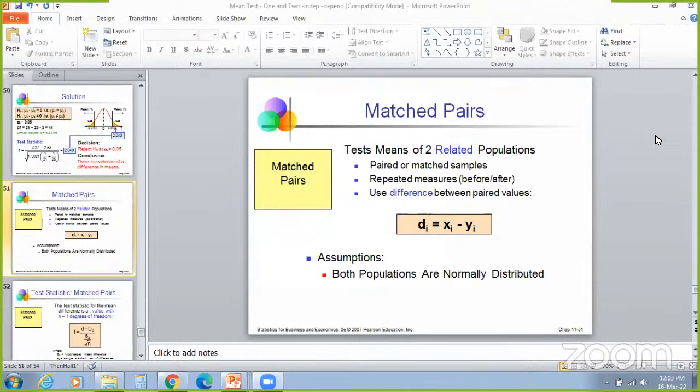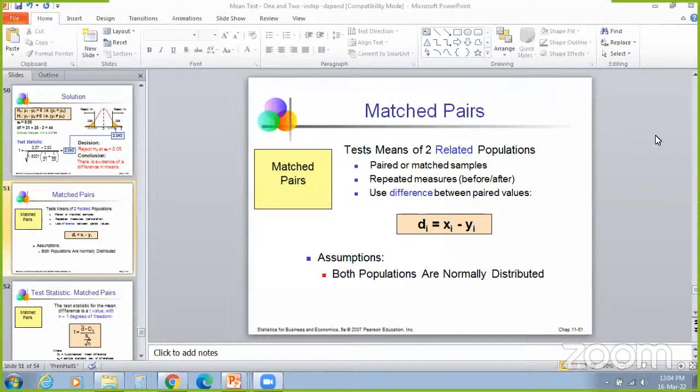Or take the impact of Corona on the GDP of India quarterly, before COVID-19 and after COVID-19, or investments, imports or exports of India before and after. In all these cases, you have to use this matched pair test, or dependent samples test.